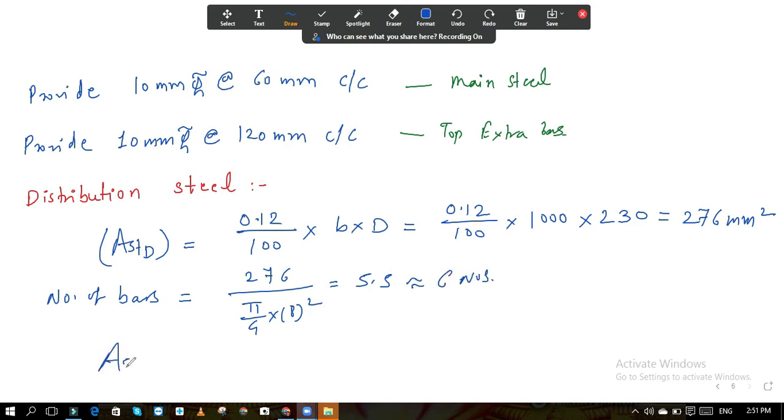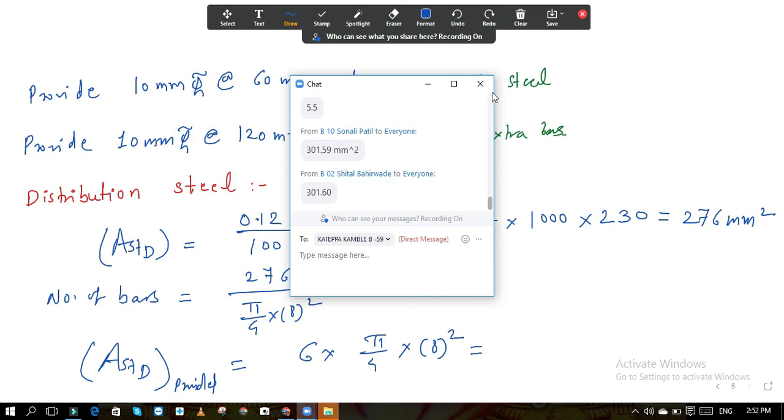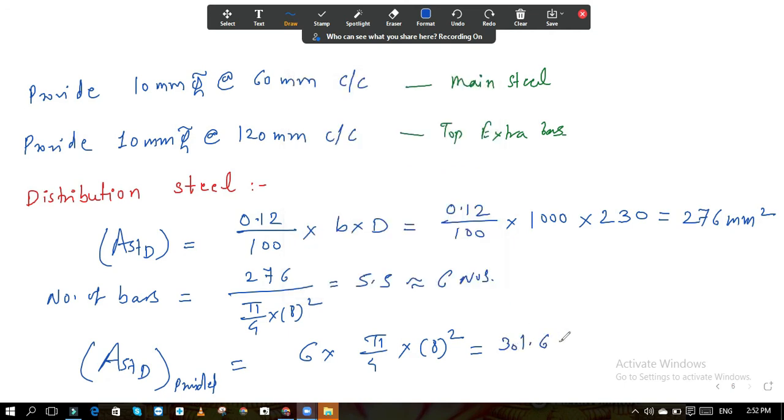So calculate AST distribution steel provided, which is equal to 6 into 5 by 4 into 8 square, 301.6 mm square. This is the area which we have provided.